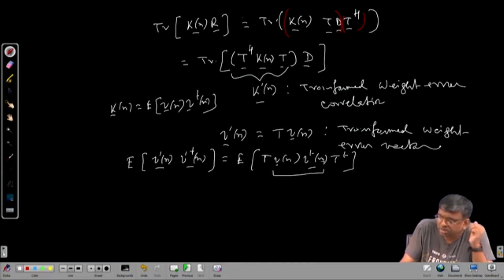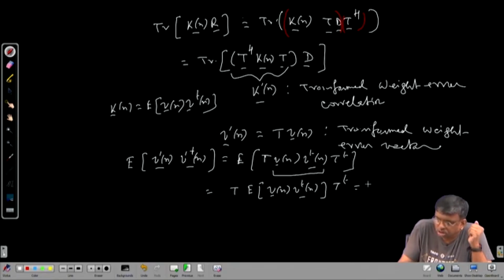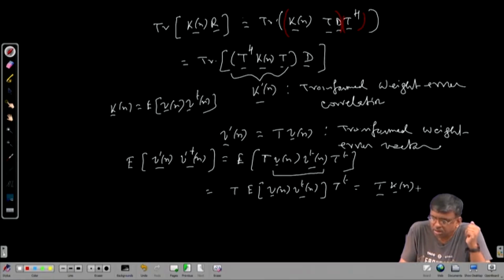So, if we carry out this matrix times this matrix and then apply E on that, you will get the same thing if you apply E on this matrix first and then do the product, because that E will work only on the elements coming from here. Okay. This kind of thing we have done many times. So, this should not be a point of confusion. So, it will be T, and this is my K n. So, this is T K n T transpose.